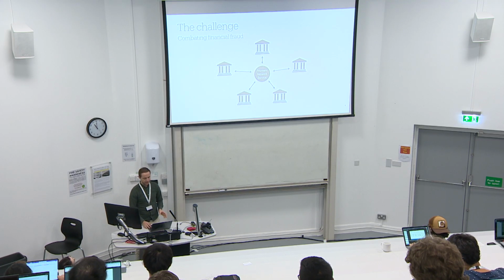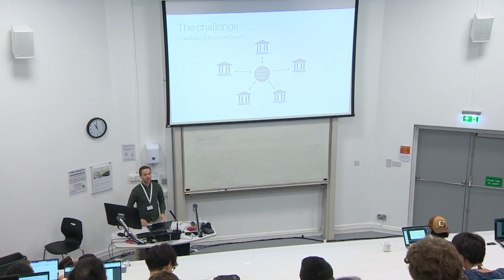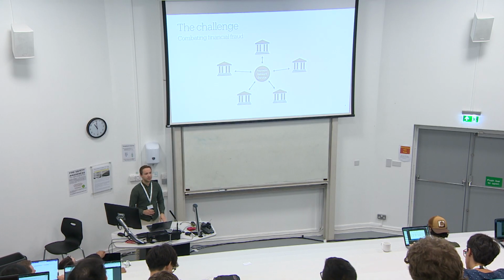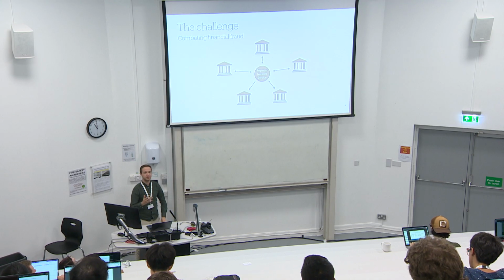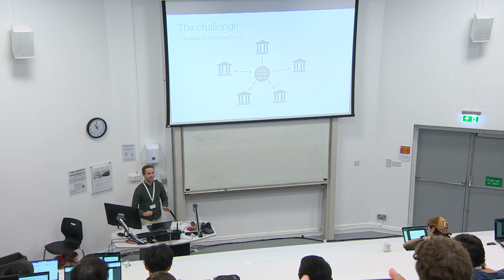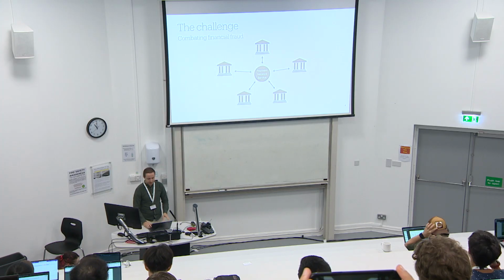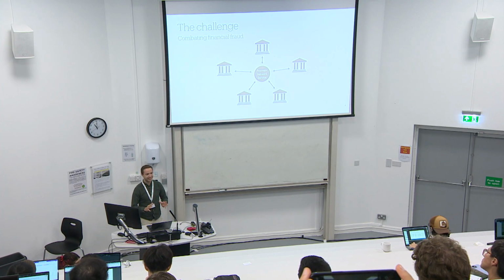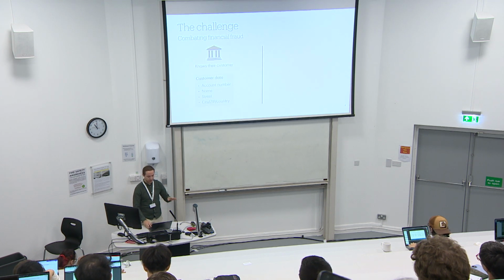In this use case, you have a couple of banks and a payment network service. The payment network service is there to route the payments between the banks, and the banks really only send transactions. It's immediately a federated setting because there are 2 types of data here, stored in different places. The banks know their customers.